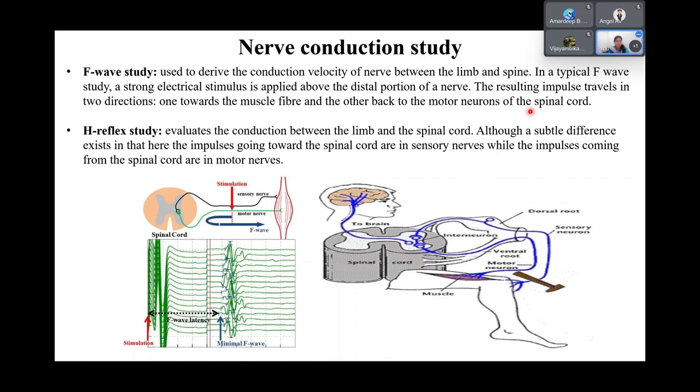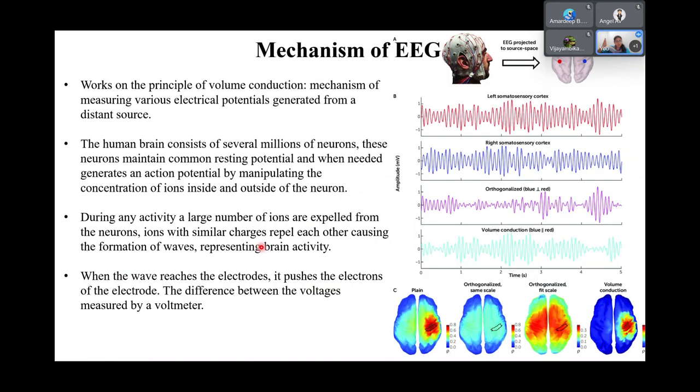And because you have electrodes connected to different parts of the brain, as and when the wave reaches the electrode, it will push the electrons, and because the electrons will be pushed, this will be recorded as a voltage difference. The difference in the voltage is what you see in the graph, and that is detected by a voltmeter, and that will give out the output as how was the drop and how was the rise in the voltage. And that's how you see it here.